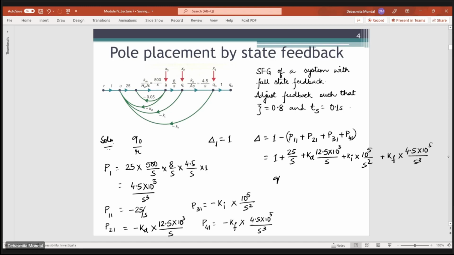So from here you can find the value of Q0 by R. Q0 by R will be nothing but 1 by delta multiplied by P1 into delta 1. So from here you can find out this equation.